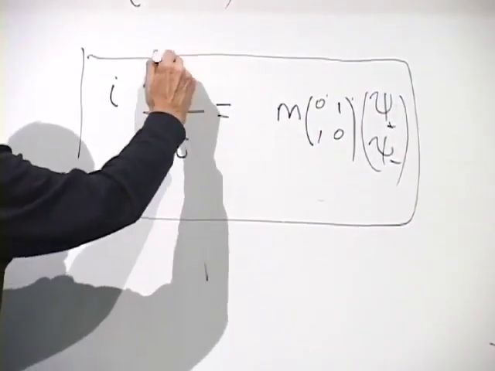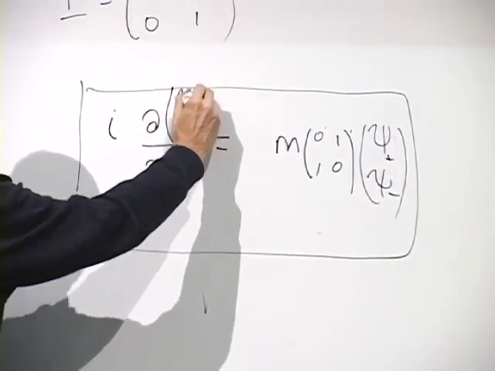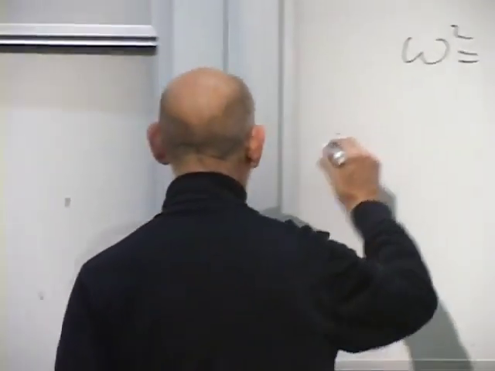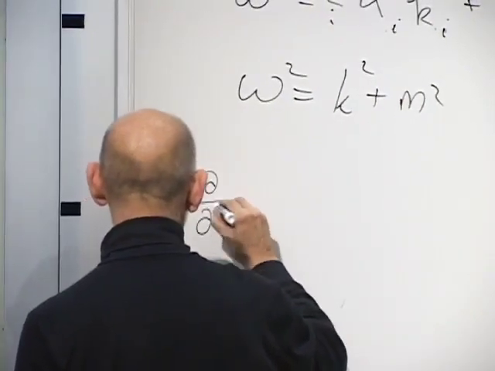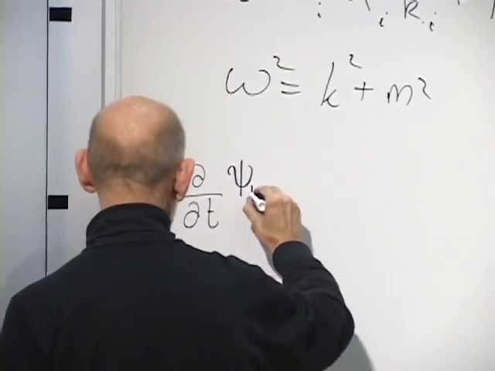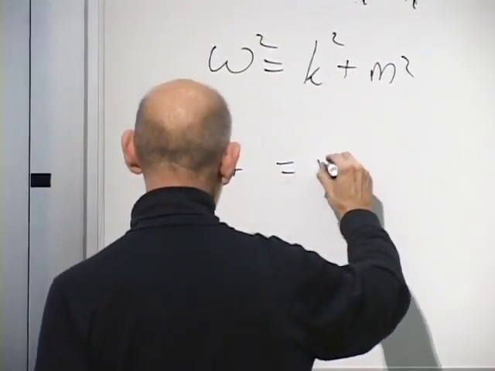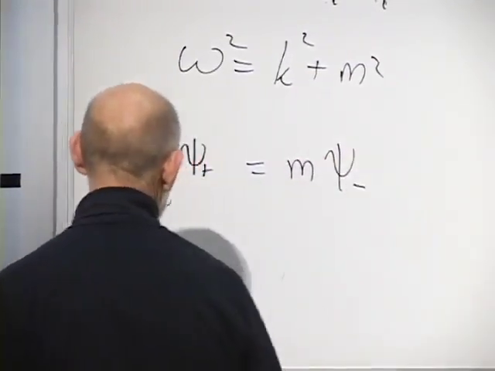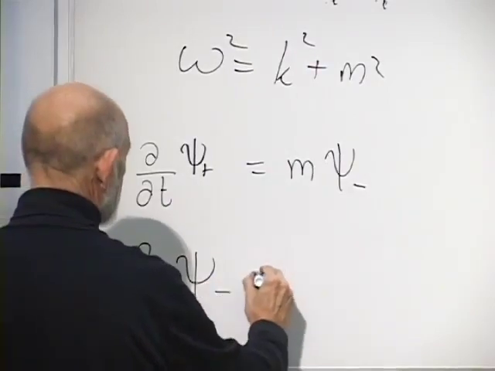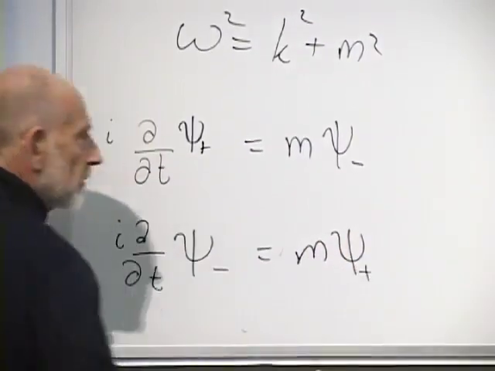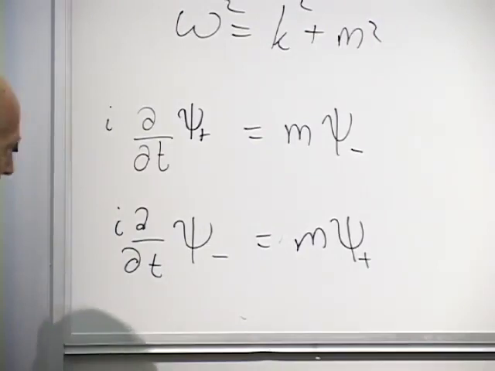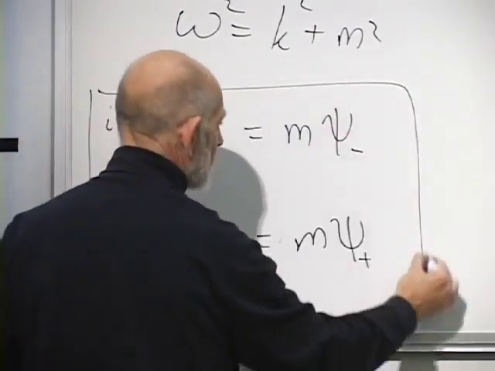Now we can see what the equation says: i d by dt of psi plus equals m psi minus, and i d by dt of psi minus equals m psi plus. That's the whole upshot of the Dirac equation for particles at rest.